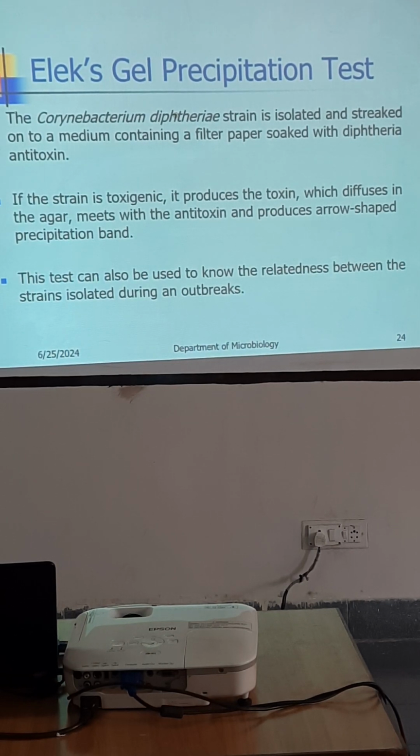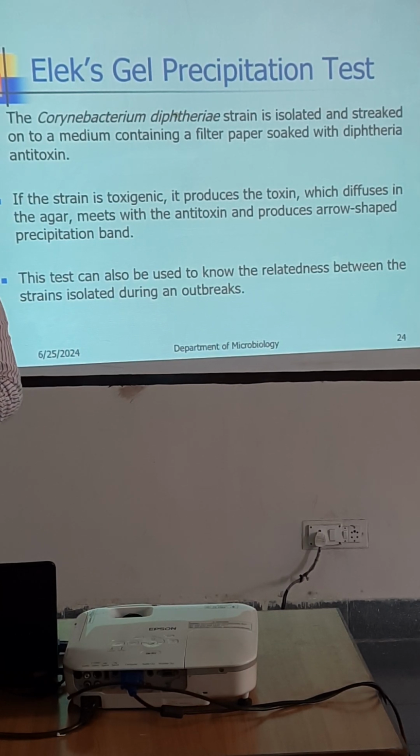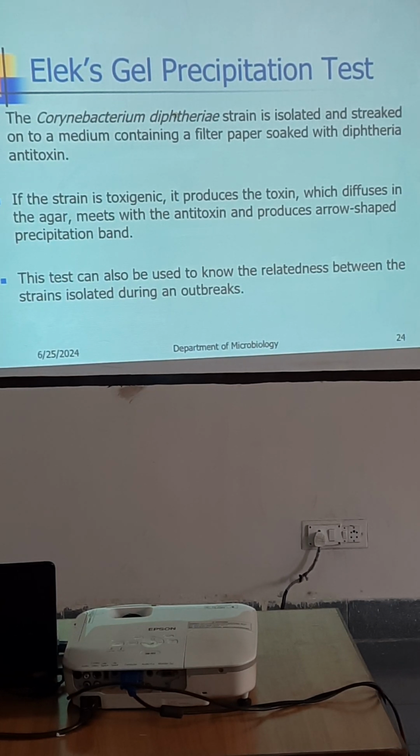Where the antitoxin and toxin meet, there is formation of arrow-shaped precipitation bands. These tests can also be used to know the relatedness between two strains isolated during outbreaks.